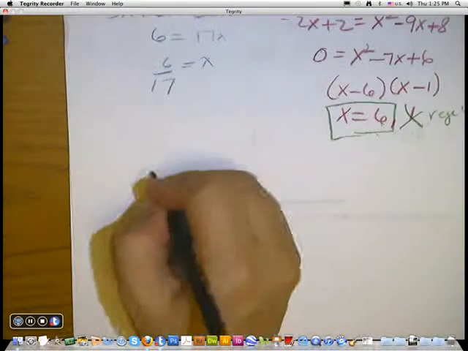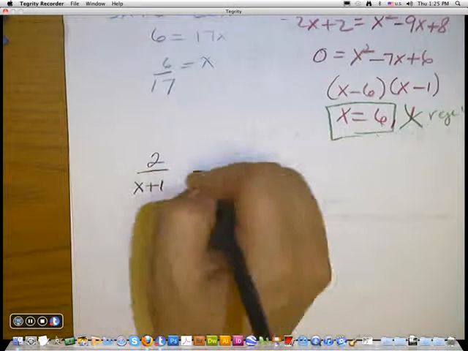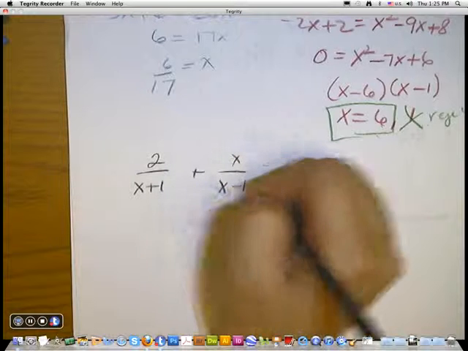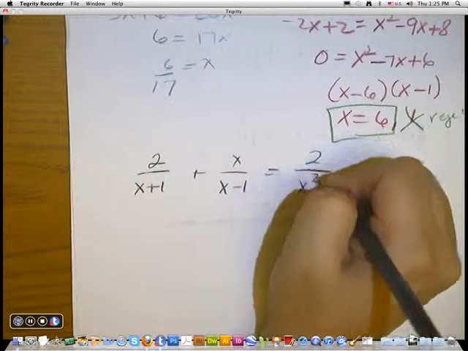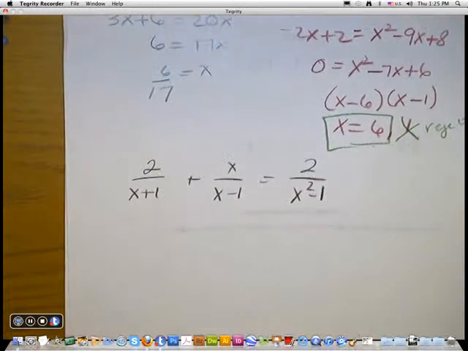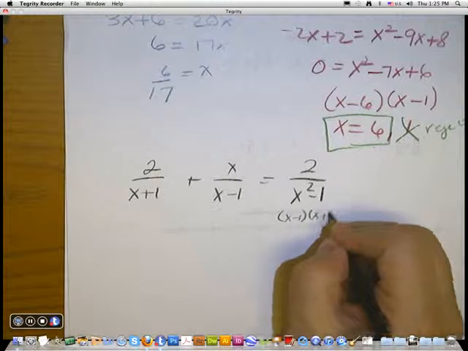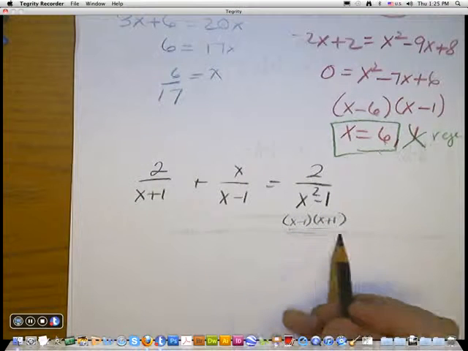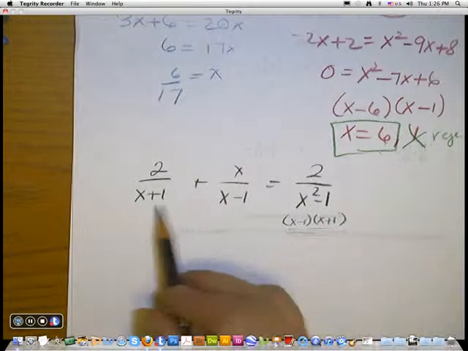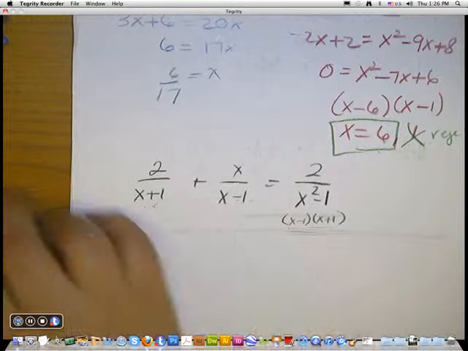Alright, last one. 2 over x plus 1 plus x over x minus 1 is 2 over x squared minus 1. Whenever this happens, look to factor, please, because you're going to find when you factor, the pieces of the factor already are the pieces of the other one.